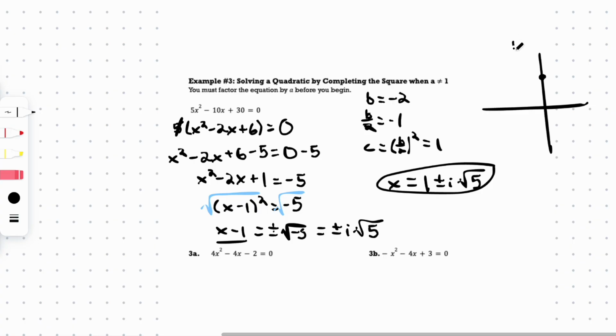This is a rough sketch, it's going to be real skinny, but the main point is our y-intercept is positive and our parabola opens up. That means it never crosses the x-axis, and that's why we'll have an imaginary solution.